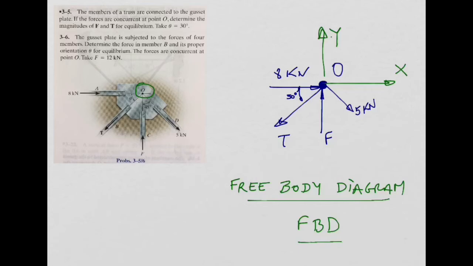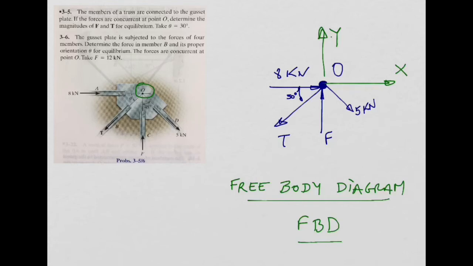For dynamics, you will have to do this in dynamics, because in statics we say summation of forces equal to 0. In dynamics you say summation of forces equal to mass times acceleration. That's the difference, right? So you will have to do these free body diagrams. If you know how to construct these free body diagrams, you will be very good in this module, trust me. All right, so let's continue.